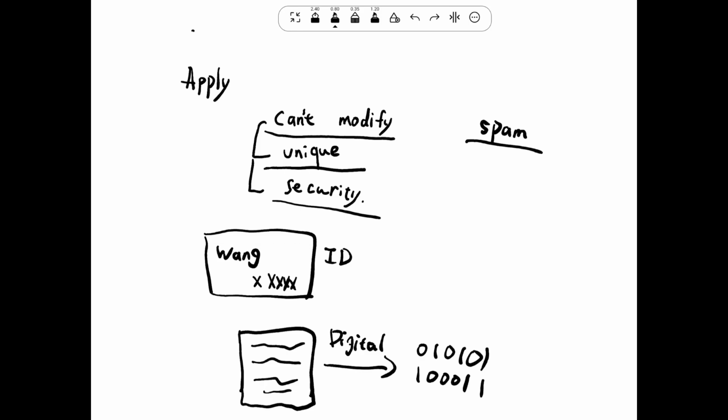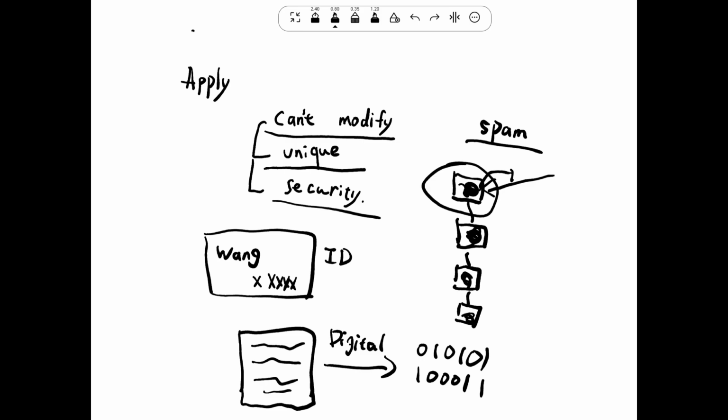So if you use the blockchain, it's like this: every regular company needs to register its data and store it on the blockchain. The next time people want to apply for a job, they just need to find this company on the blockchain. So it can prevent the spam issue.